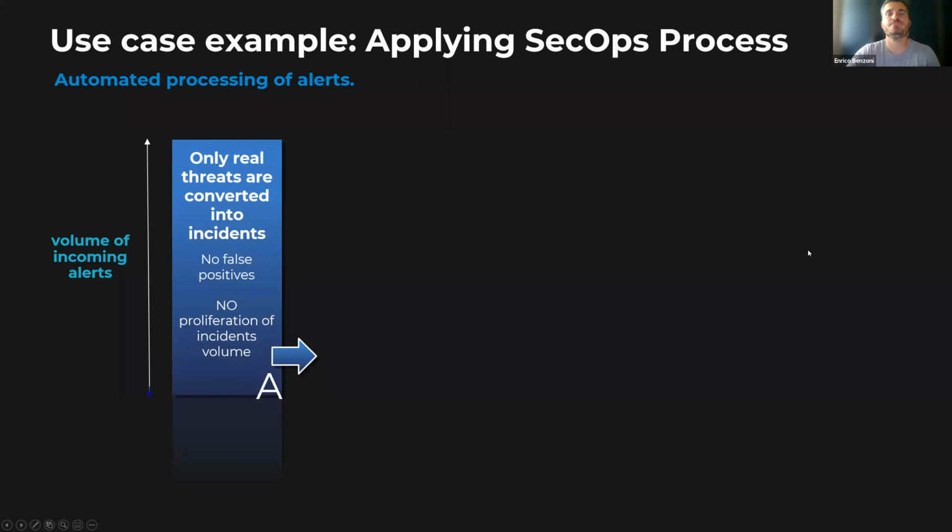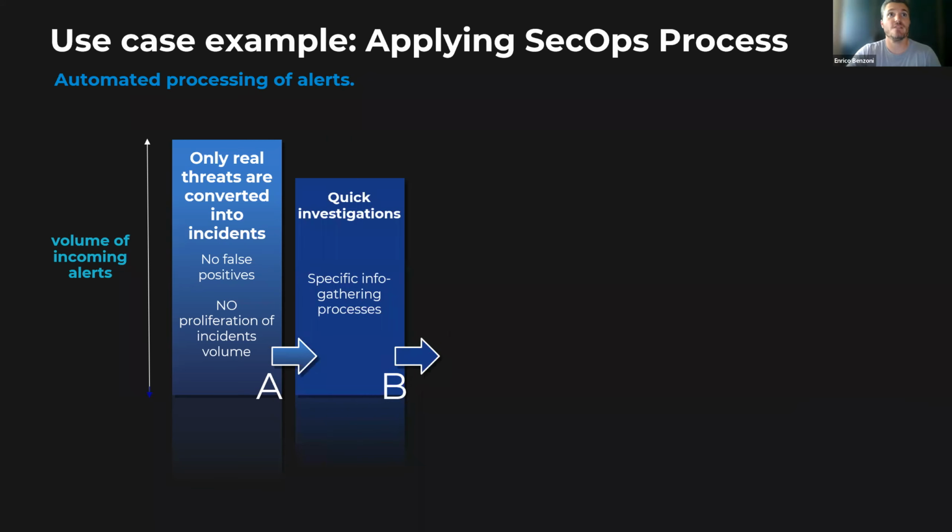thanks to this concept, you have to identify the false positive, and you have no proliferation of incident volume. So you have to convert in incident only the real threats, because you can manage those incidents in the processes, and then you can make a quick investigation.